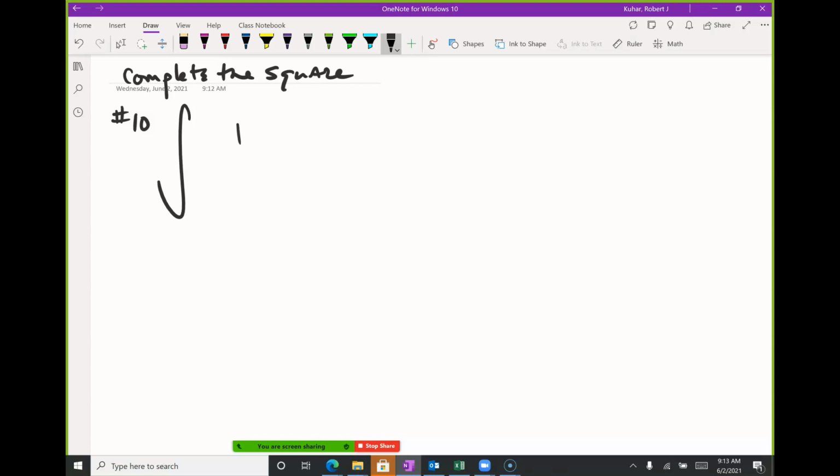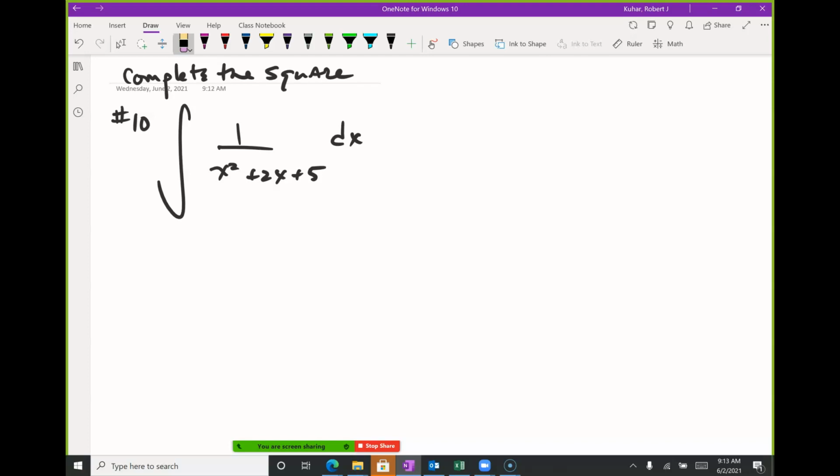I've got the integral of 1 over x squared plus 2x plus 5 dx. Now this is a Calc 1 problem, but there's something I'm leaving off of this page that we do in Chapter 5, where I put the limits in from 0 to infinity. That brings this problem into Calc 2. But let's just pretend it's an indefinite integral, where we're just doing an antiderivative here.